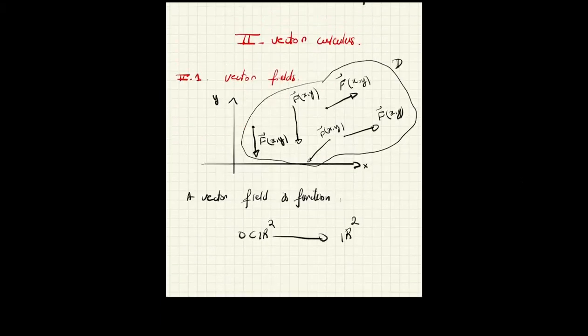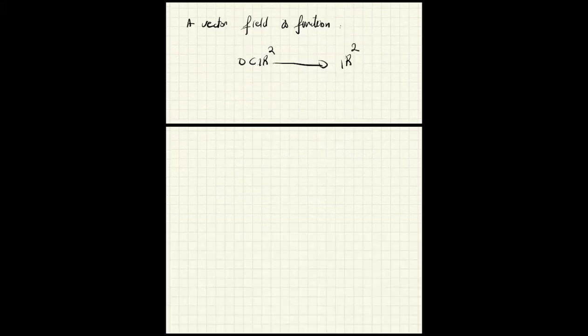So explicitly speaking, it is a function F of x, y, which gives you some two variable function P plus Q.